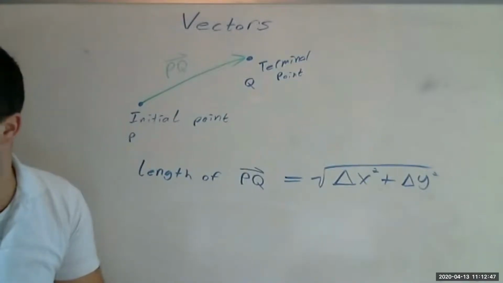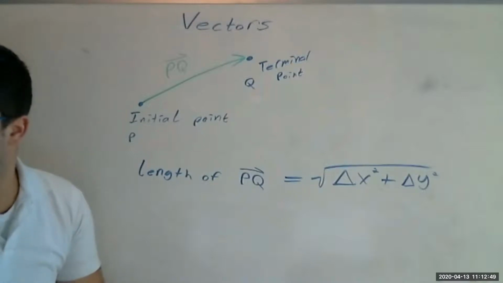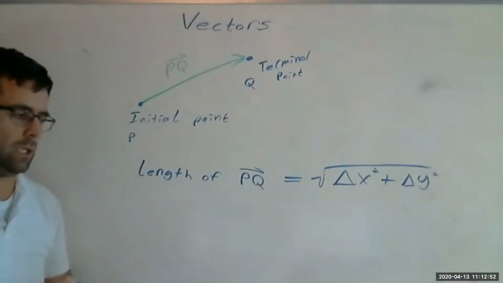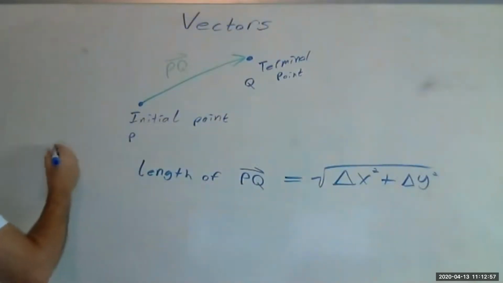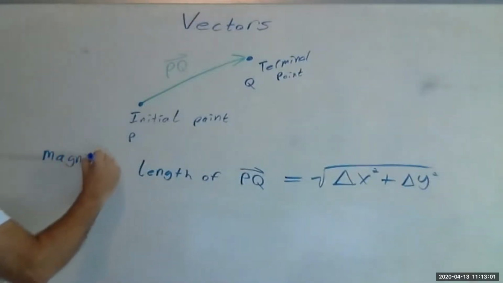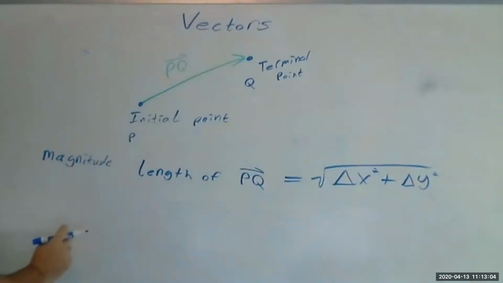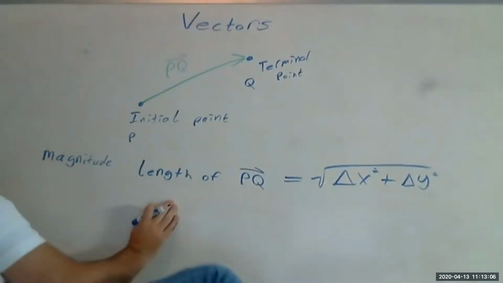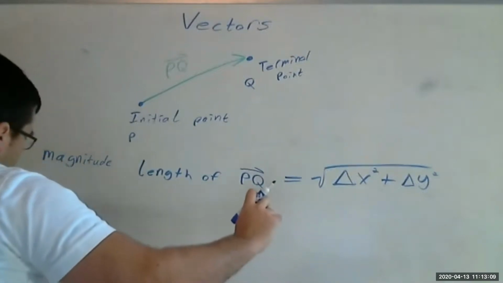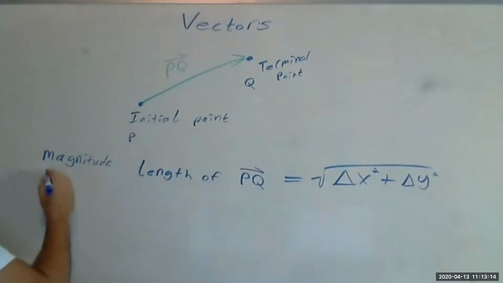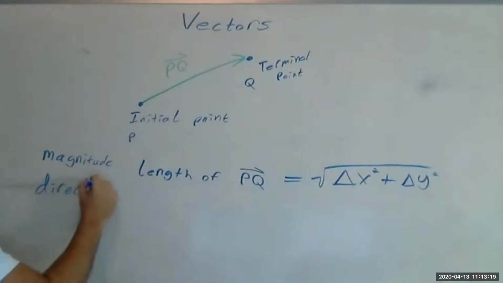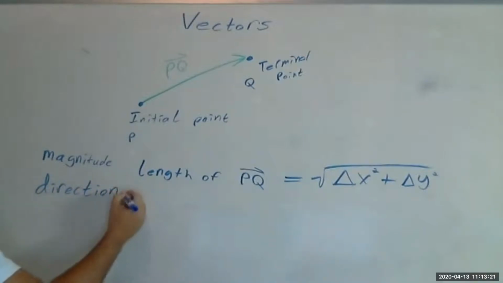There's another thing that becomes important when comparing two vectors, and this is the other quality that we started talking about at the end last time. The first one is the magnitude, or length, of PQ. And the other one is the direction.